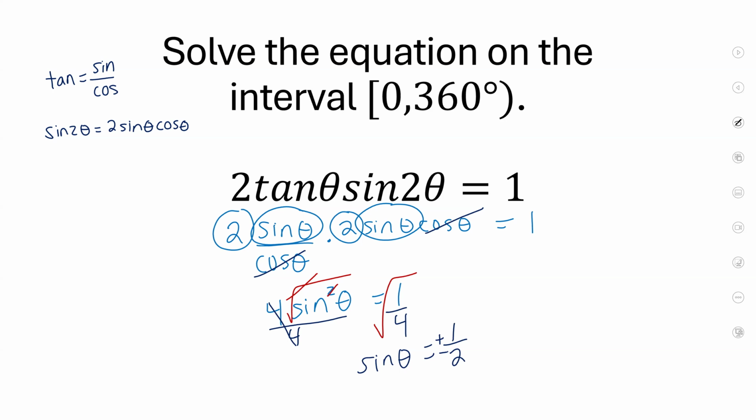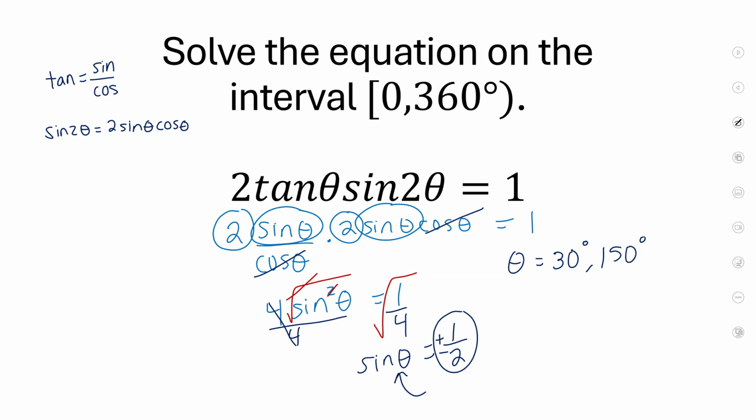All right, so guys, answer me this. Where is sine 1/2? What degree? 30, good. So at 30 degrees, if I plug in 30 degrees here, sine at 30 degrees will give me 1/2. What else? 150.